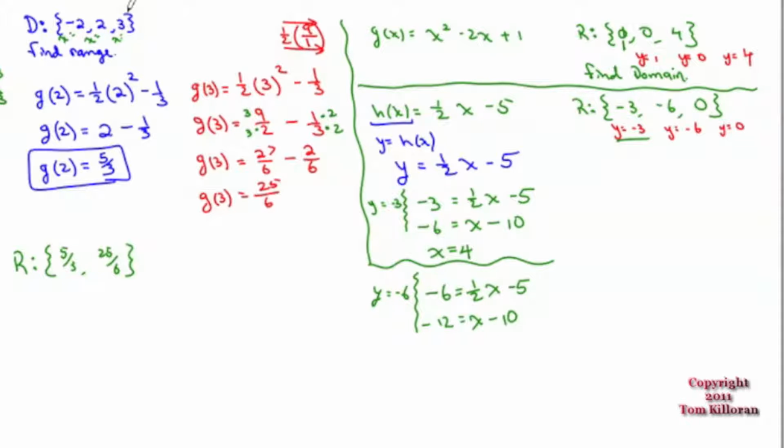Add the 10 across, and we're going to get -2 is equal to x. Okay. And then the third one, y equals 0. So we have 0 equals 1/2 x minus 5.